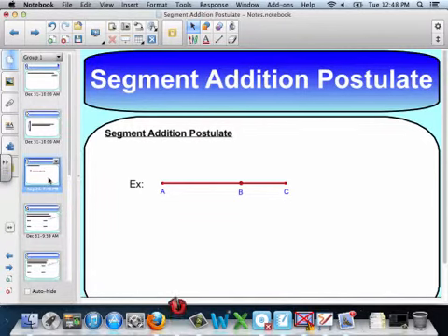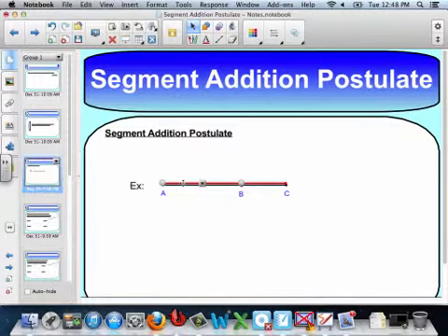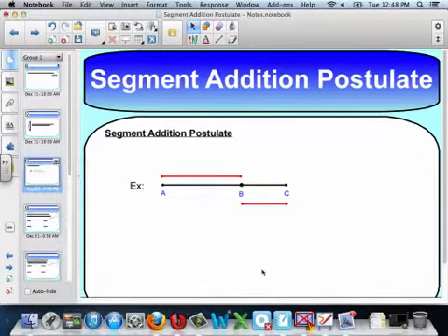AB and BC. Does that make sense? We have part AB, and then we also have part BC. Those are my 2 parts, right? AB and BC.